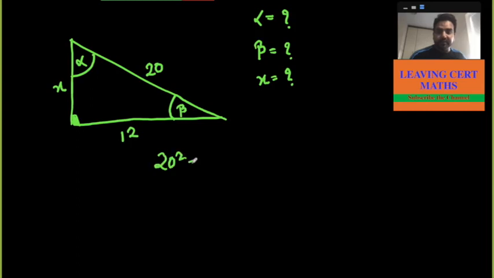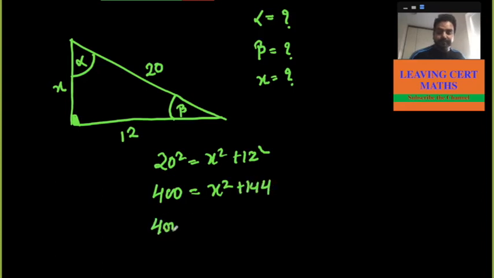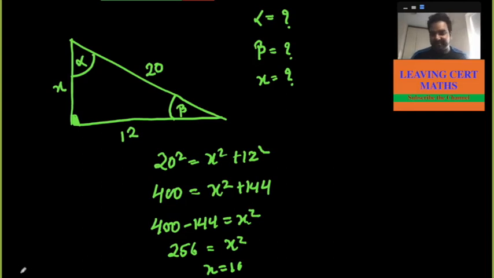Very good. Go ahead for finding alpha and beta. So it's a right angle triangle. So to find the first angle, you do... No, I'm not sure.